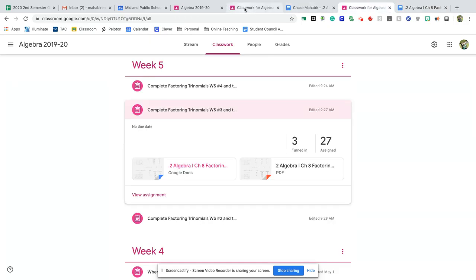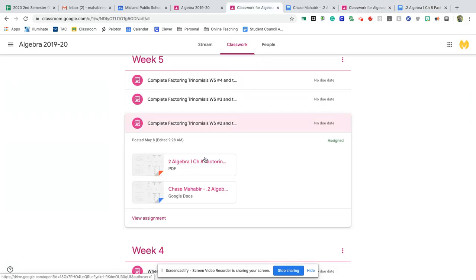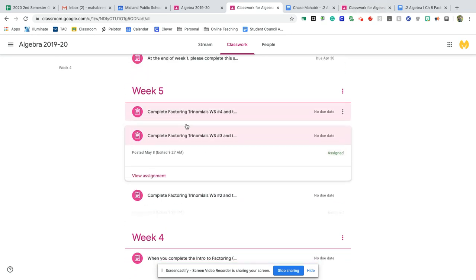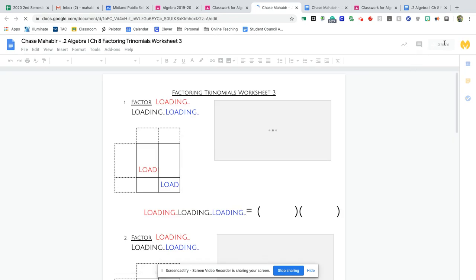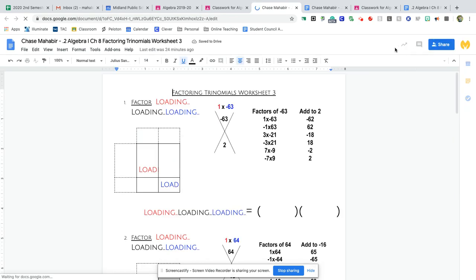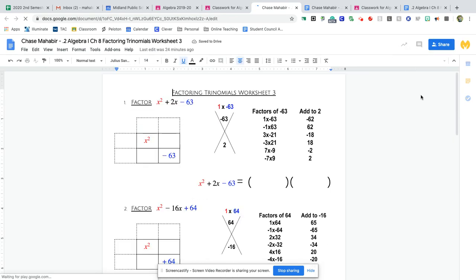Okay, because I got switched to Mrs. Mahabir's account, that isn't going to work. But you would click that turn in button. I'll go back to Chase's, sorry. You would click that turn in button, which will be up here, right here, as soon as it finishes loading.